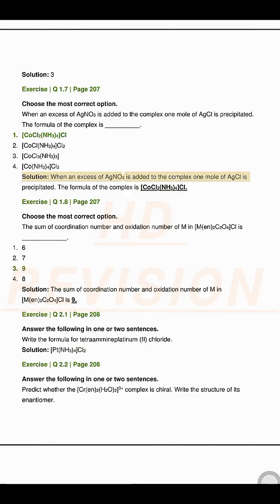Solution. When an excess of AgNO3 is added to the complex, 1 mole of AgCl is precipitated. The formula of the complex is [CoCl2(NH3)4]Cl.